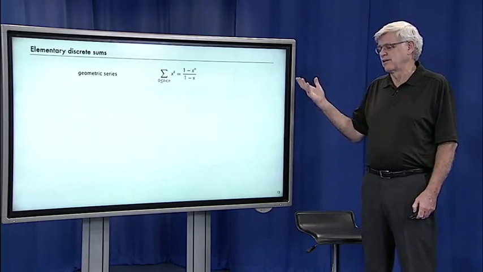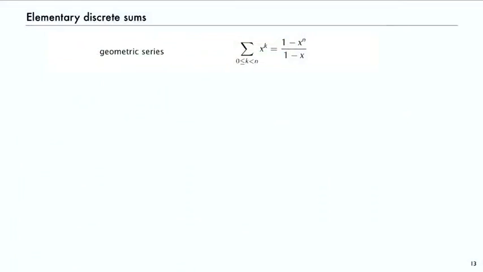There are some elementary discrete sums that turn up that we have to be able to do, and many of these are familiar, so we'll catalog them. In the book, there's a discussion of how we know these things to be true.